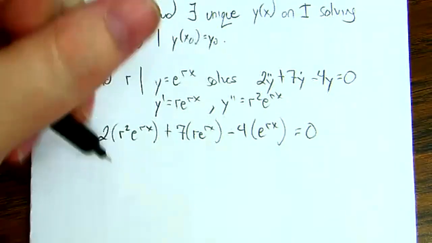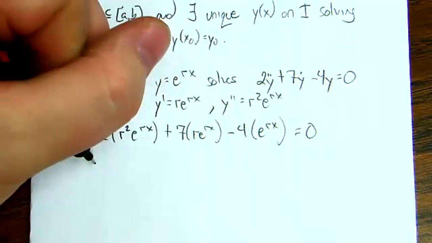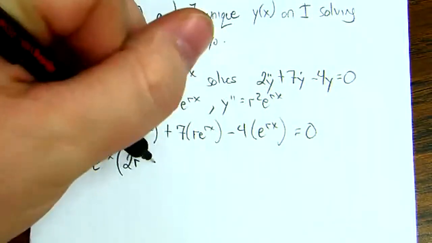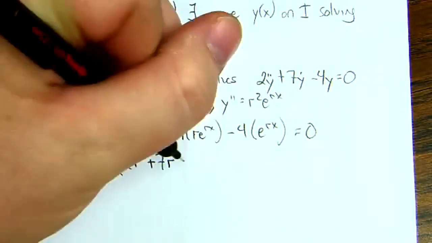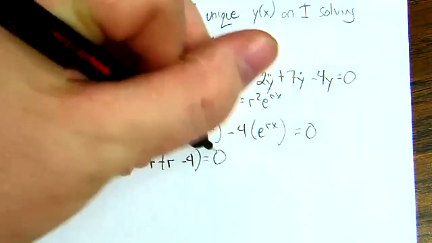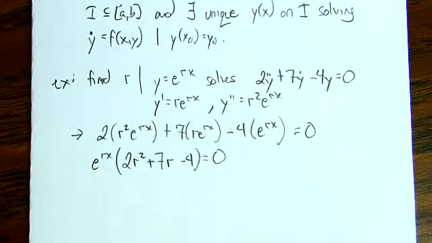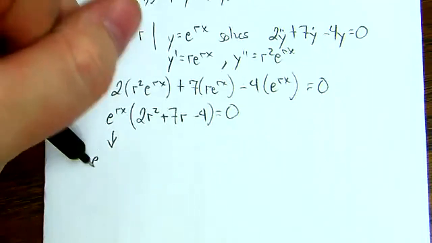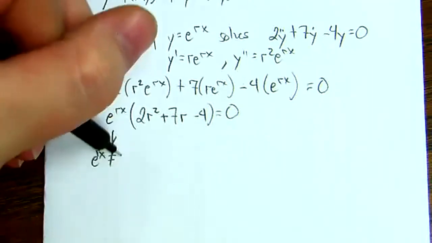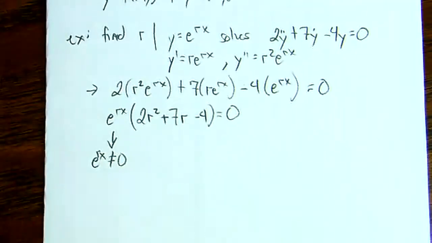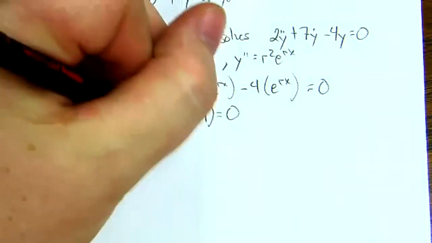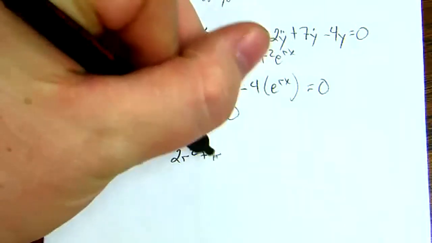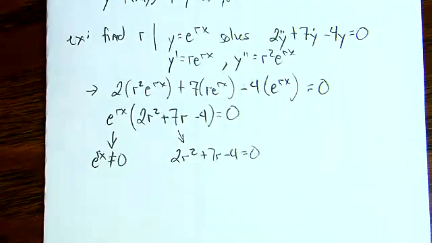Let's clean this up a little bit. I can take an e to the rx out of every term, giving me 2r squared plus 7r minus 4, and that has to equal 0. Now, e to the rx is never 0. No matter what r is, e to the rx is never 0. That means it must be true that 2r squared plus 7r minus 4 equals 0.